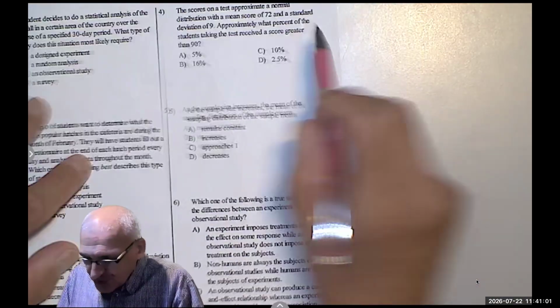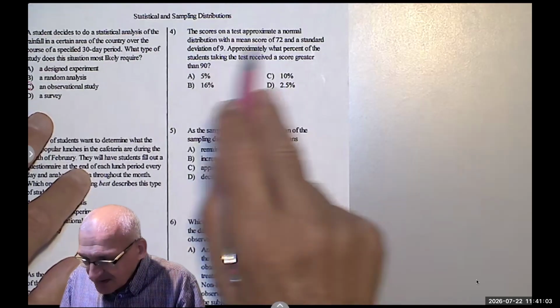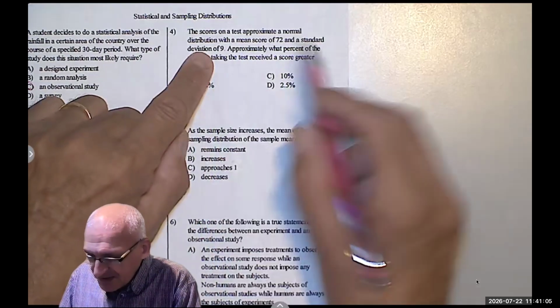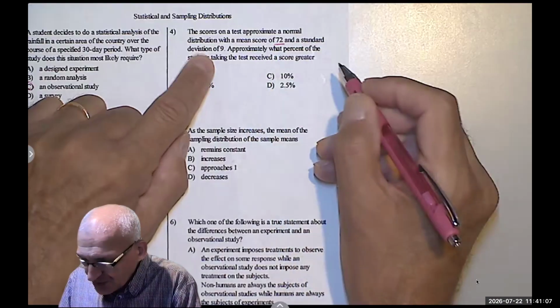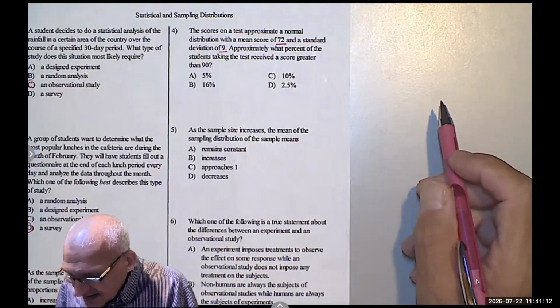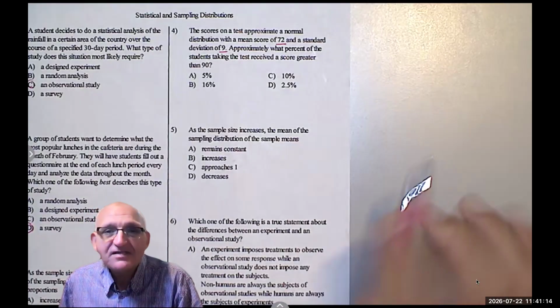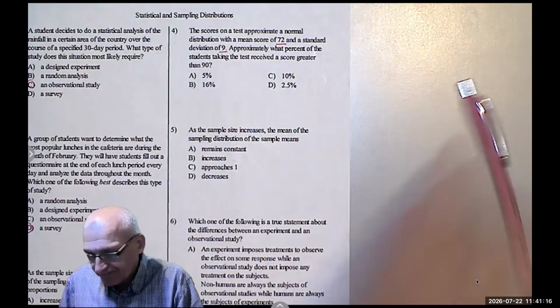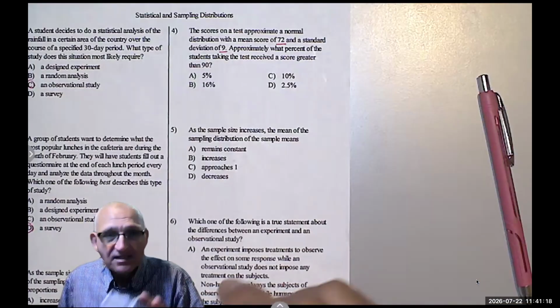Okay, number 4. The scores on a test approximate a normal distribution with a mean of 72 and a standard deviation of 9. About what percent of the students taking the test receive scores greater than 90? Okay, so we can use the calculator easily.